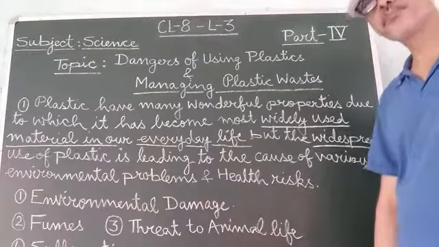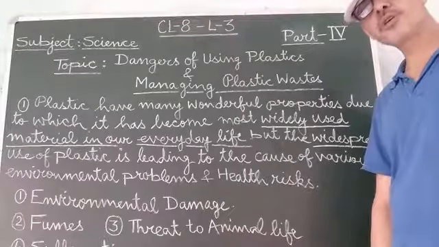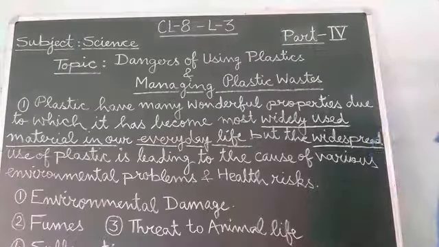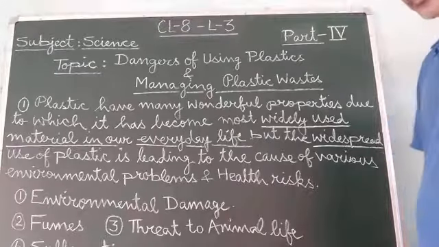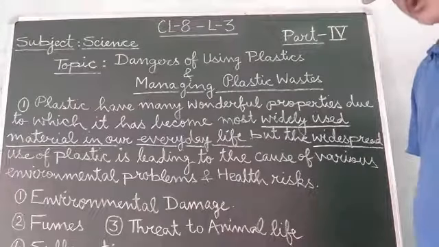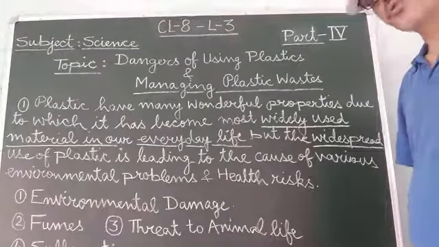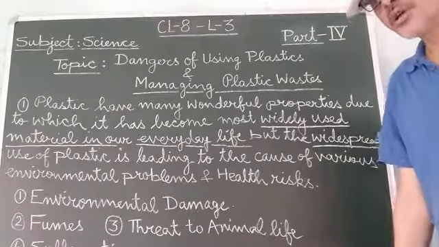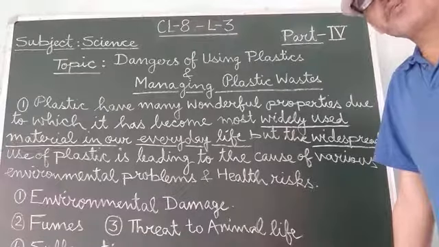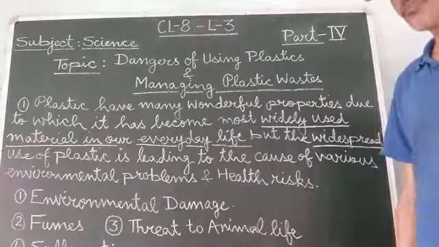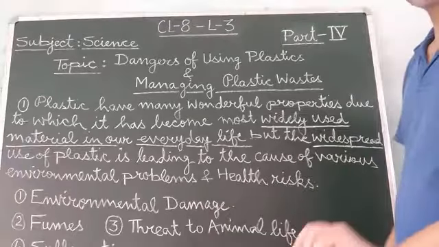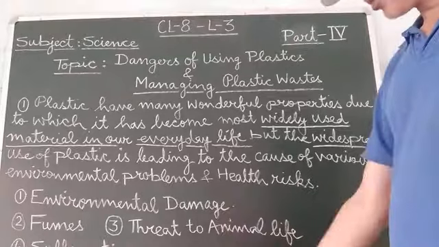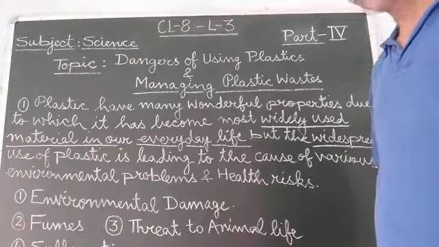First is reduce, then second is recycle, third is reuse, fourth is recover, and fifth is refuse. So these are the 5 Rs principles by means of which we can manage the menace of plastic waste. Now I will explain one by one each of these methods or principles. So let us first take reduce.